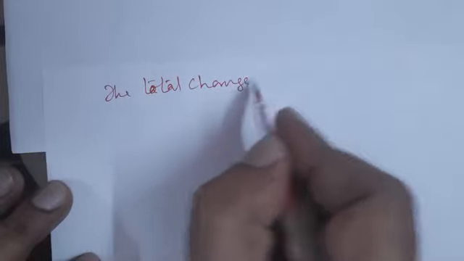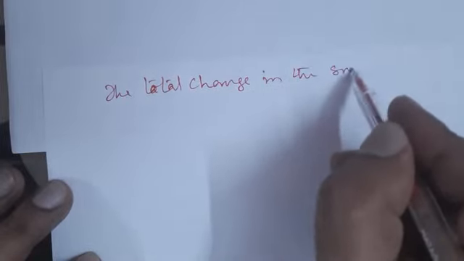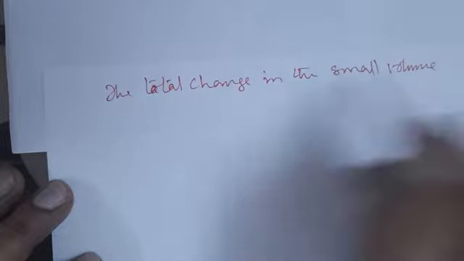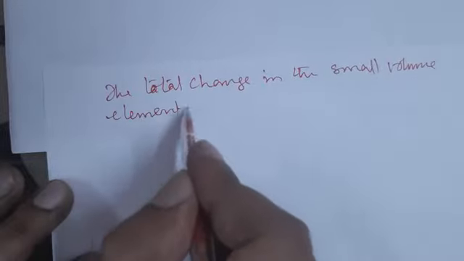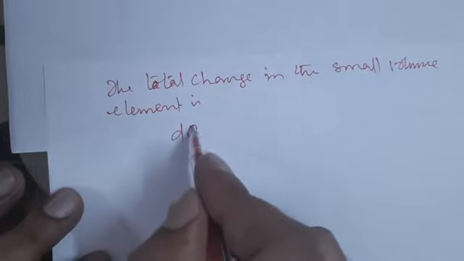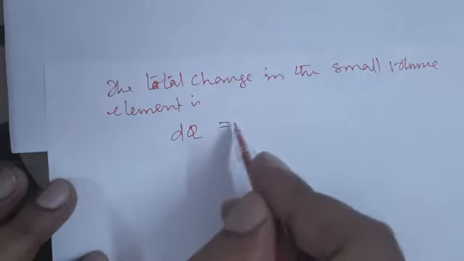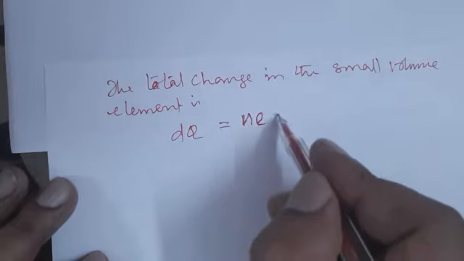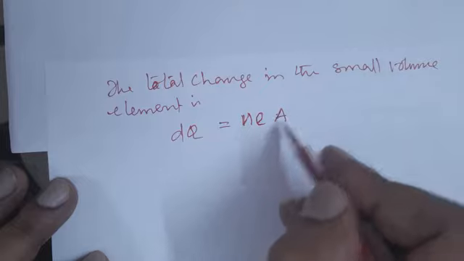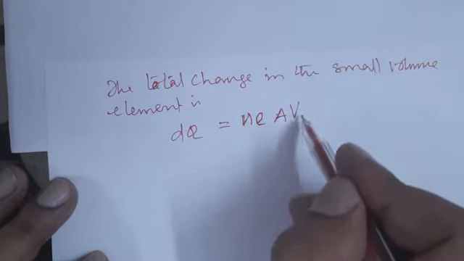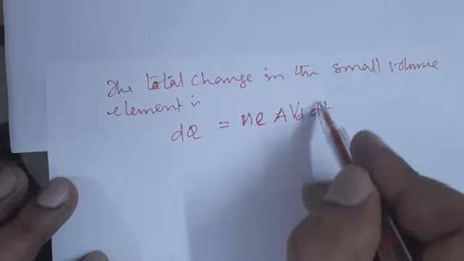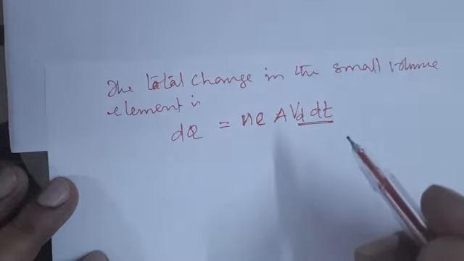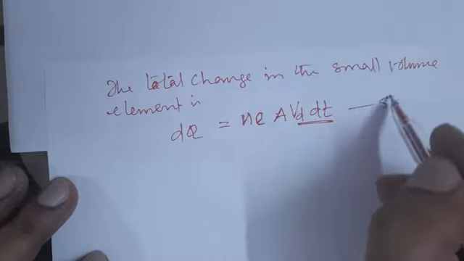The total charge in the small volume element is given by dq, equal to the number of electrons available in the small element, n A dx, into e. Here dx is Vd dt. Take it as equation number 5.